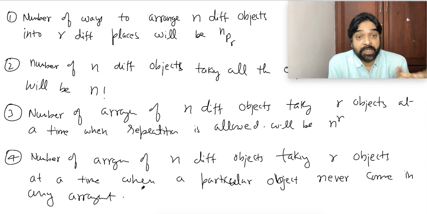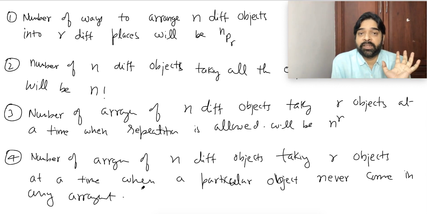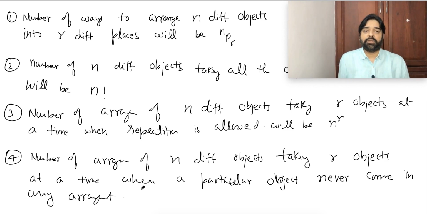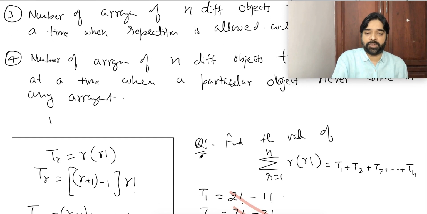Restricted permutation, but this time there is a restriction on a particular object. One particular object should not come in any arrangement. Question meaning, I hope all of you understood. It's just a type of question.